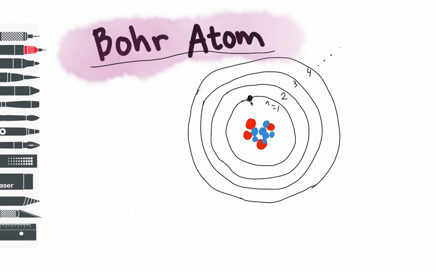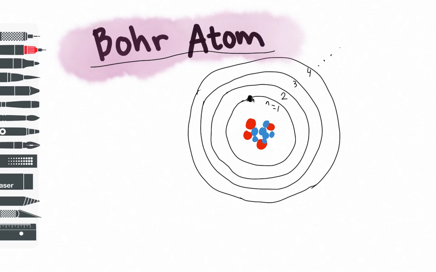So let's say an electron is right here at n is equal to 1. As it moves across these different energy levels, starting from n is equal to 1, moving to an n that's greater, it is absorbing energy.